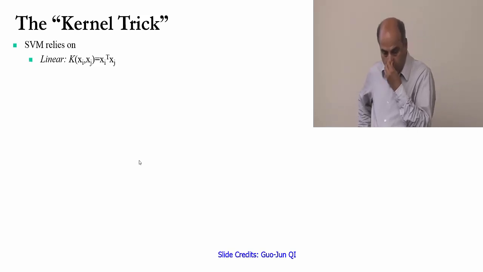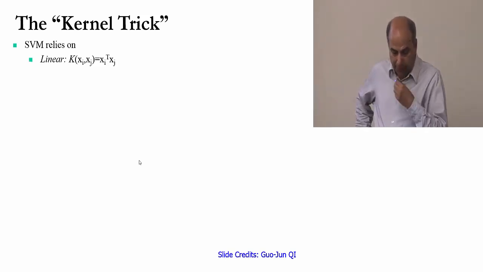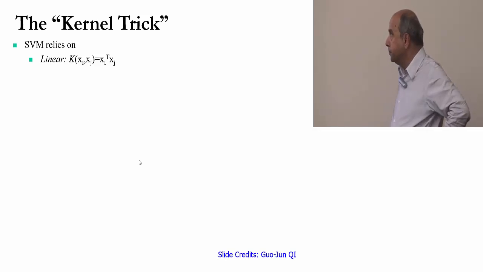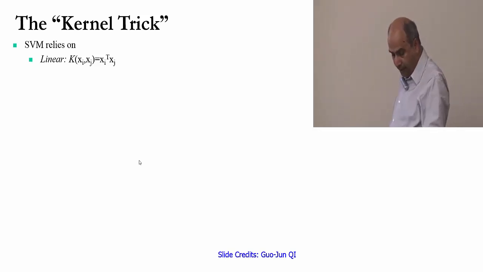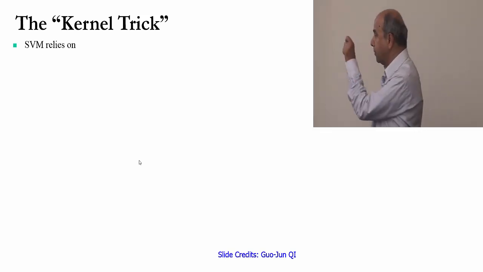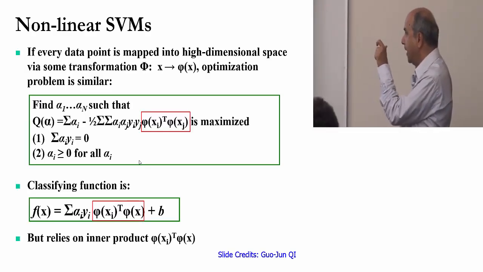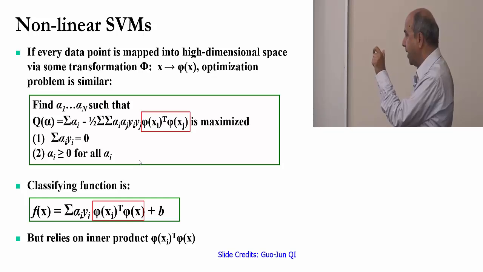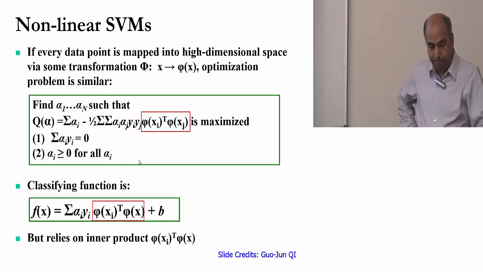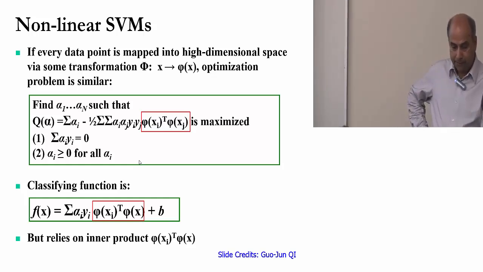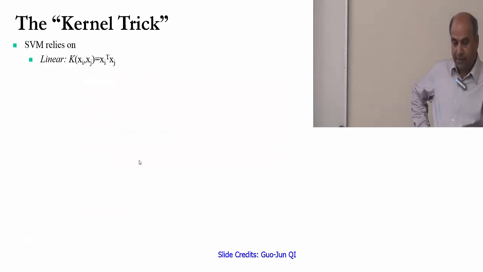What we are going to do is that we actually don't have to map those, because as you saw, what we need is a dot product, either xi xj or phi xi phi xj. So we just want to compute that dot product, and in the linear SVM it's very simple, a standard dot product.